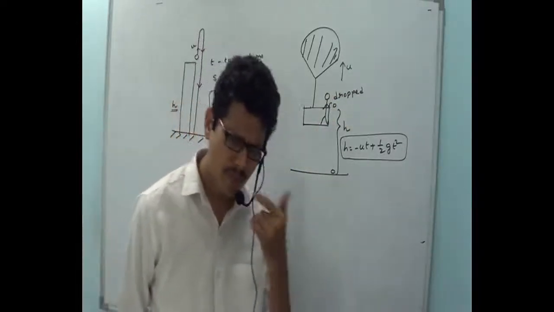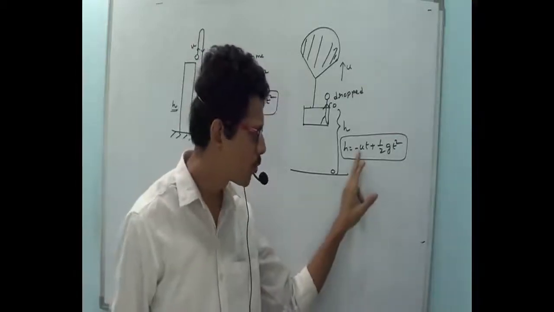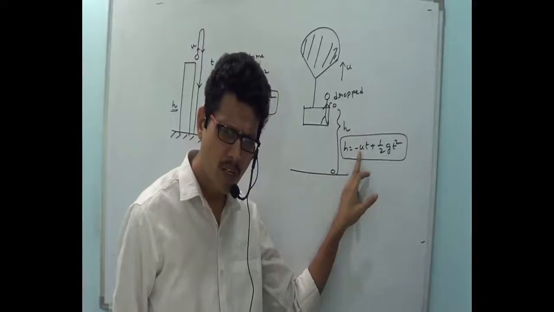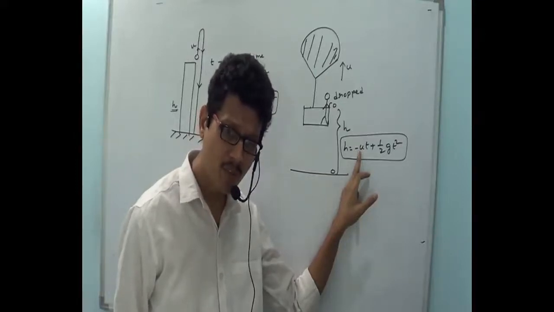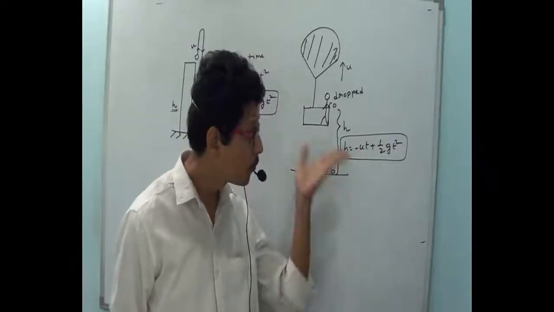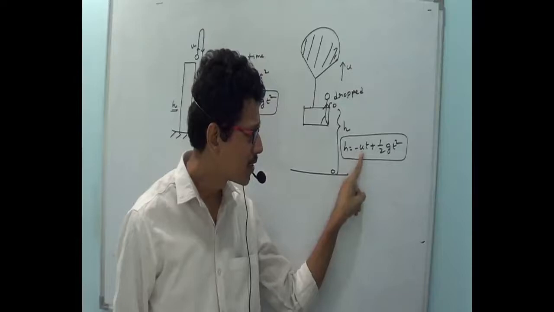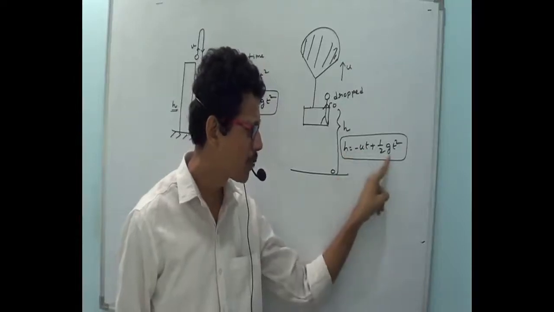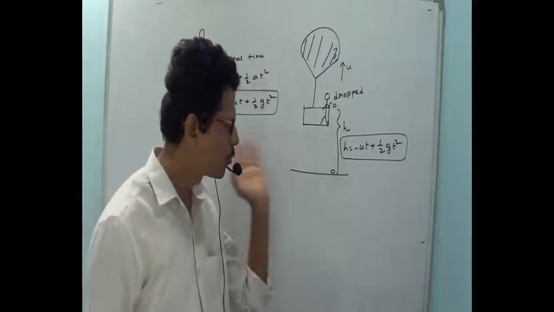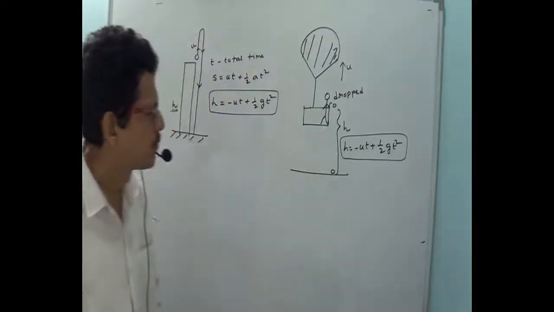So even if the question mentions it is dropped, you should not take u as 0, because it has some initial velocity, and that is the velocity of the balloon. How is the velocity of the balloon? Upwards, no? And that I have taken minus, h I am taking plus, and g I am taking plus. So again, the same equation you will get in these two problems. Okay, just note this down.